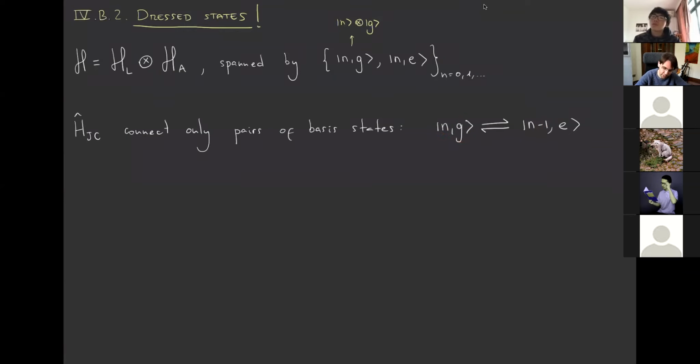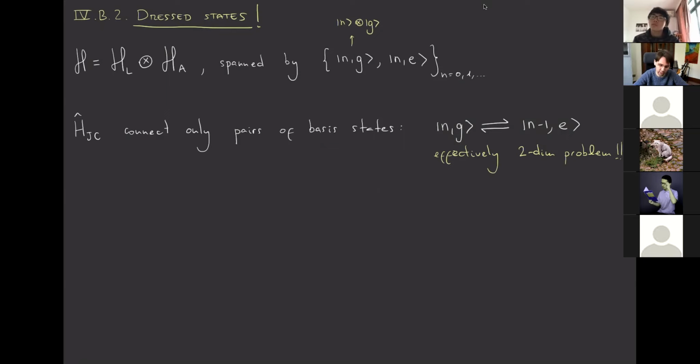So this means that effectively this is just a two-dimensional problem. You only need to consider two of your basis states, the only two that are connected, by pairs.